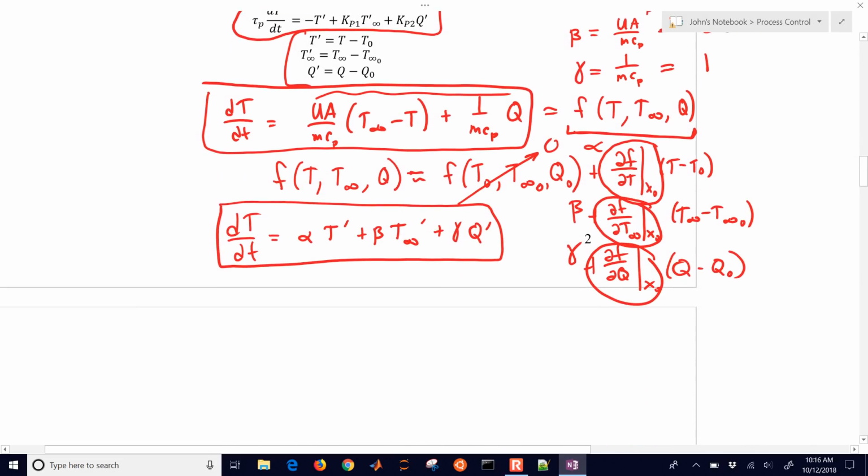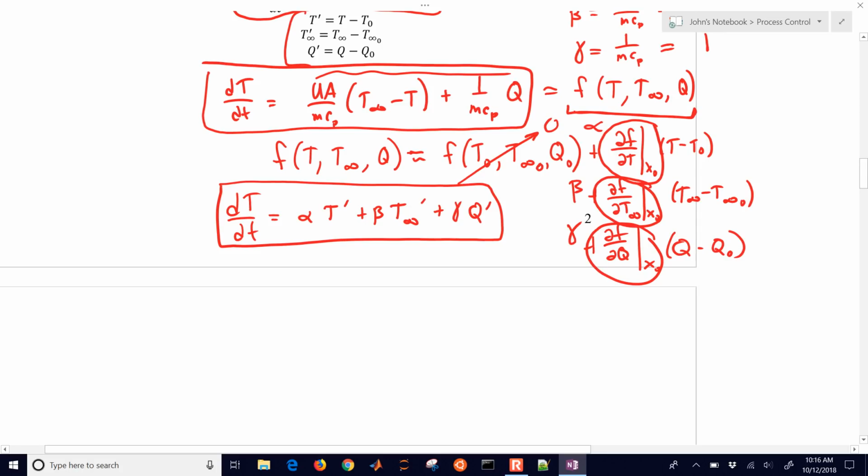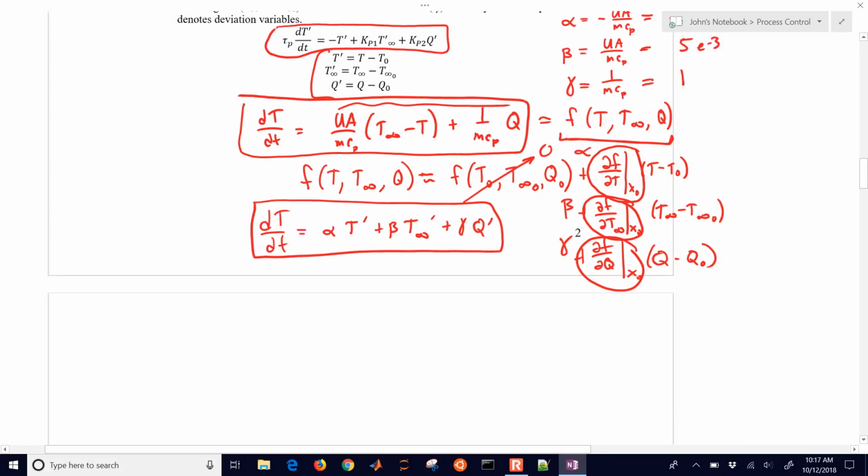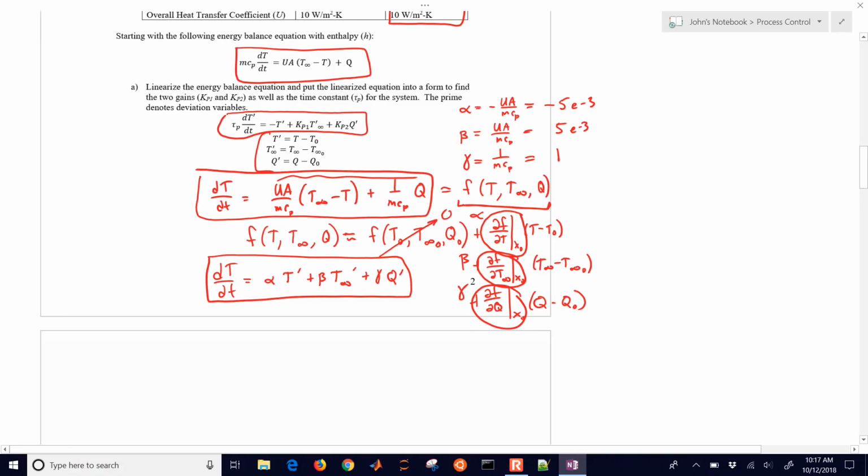I could plug that into my equation below, but before I do that, let me get it into the standard form that I want. To do that, I just need to divide everything by negative alpha. If I divide by negative alpha, that gives me the form you see up above, and that will be a negative.